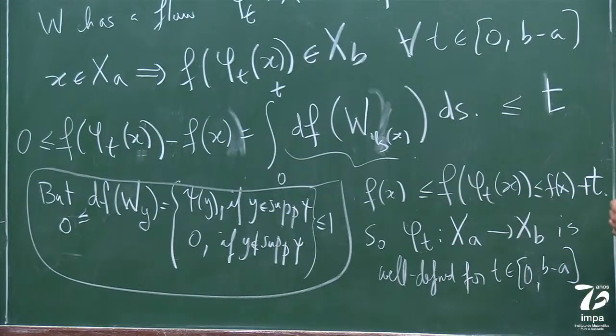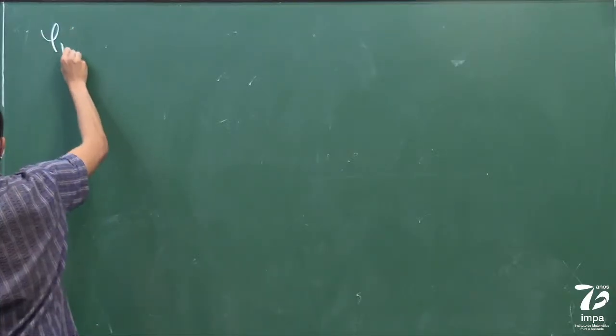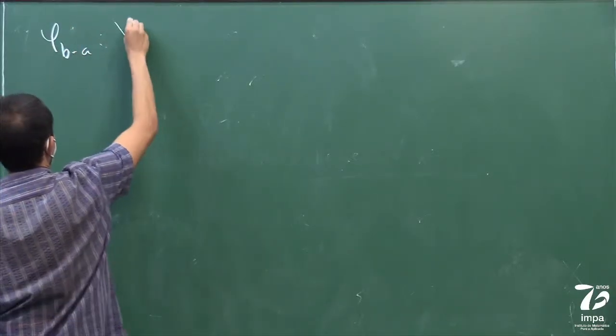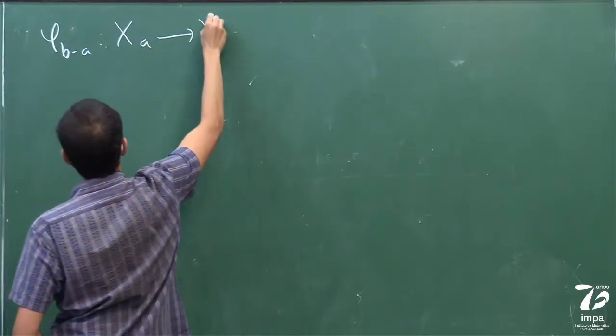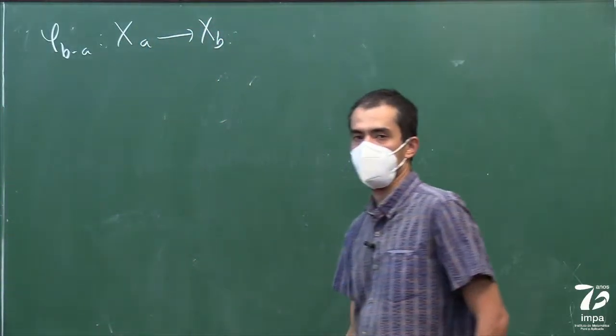But anyway, the point is that we can define a flow, and the flow goes from XA to XB. So phi B minus A goes from XA, and the image is contained in XB.